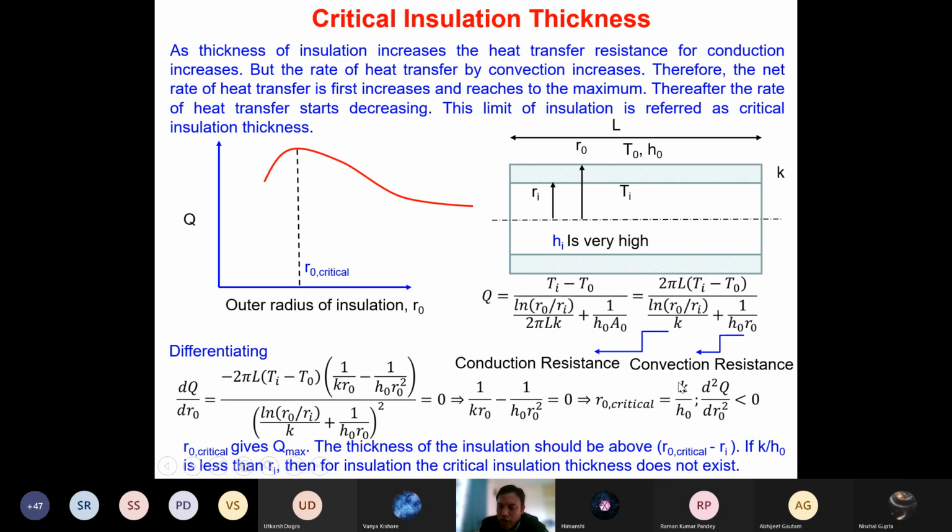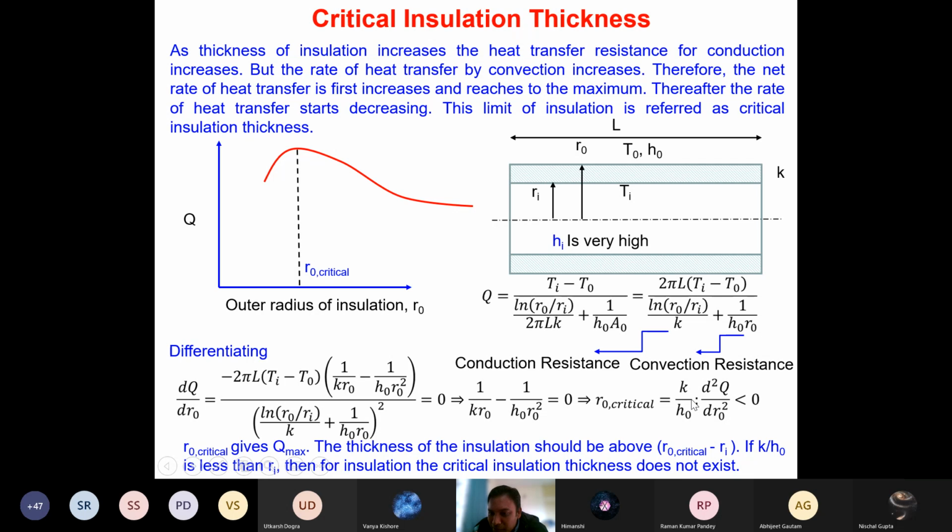Now this k by h0: k is the insulation thermal conductivity, divided by h0, the heat transfer coefficient outside. So this is the critical insulation radius. But what will be the critical insulation thickness? R0 critical minus Ri.